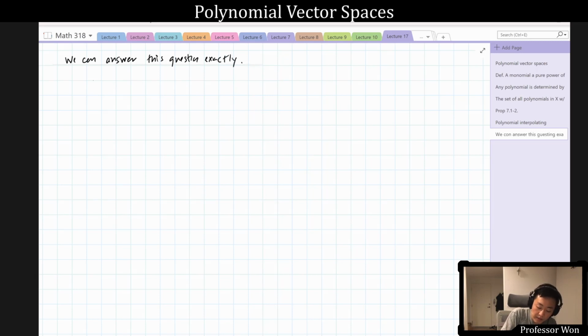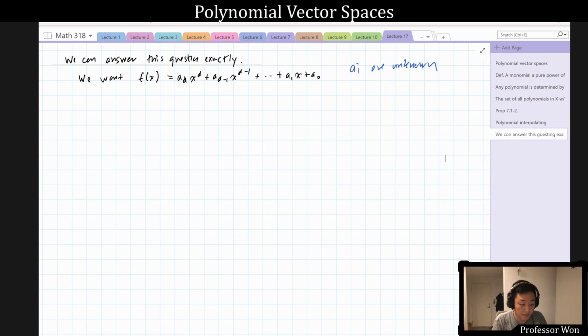Okay, so remember, we want the polynomial, we want the coefficients of the polynomial. Right, so here, the ai are unknown. The x is a variable, the ai's are the unknowns. Okay, and then you want it to evaluate to beta i at ti.